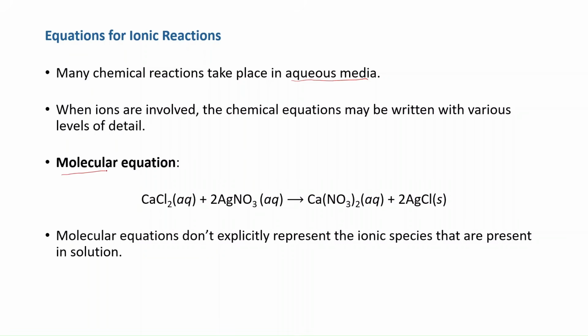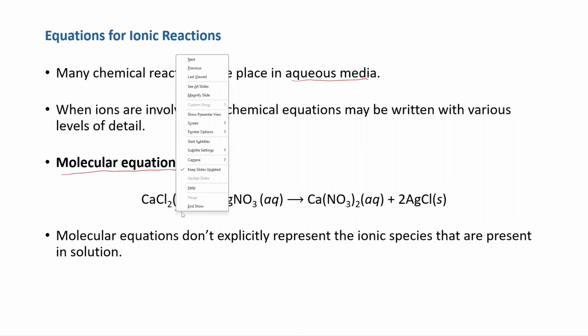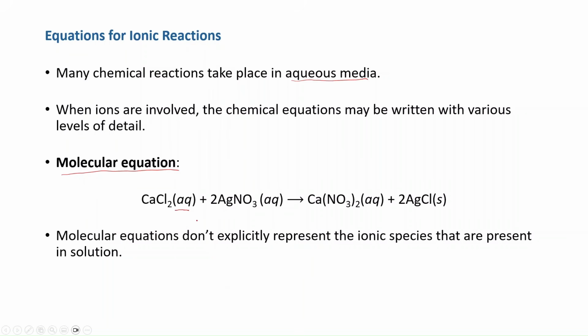The molecular equation, you write the whole formula. Okay? It doesn't show you the ions, you just know they're ionic. But you must include that calcium chloride is an aqueous solution, silver nitrate is an aqueous solution, calcium nitrate is an aqueous solution, silver chloride is solid. How do you know that? We are going to cover that a little bit later, okay?